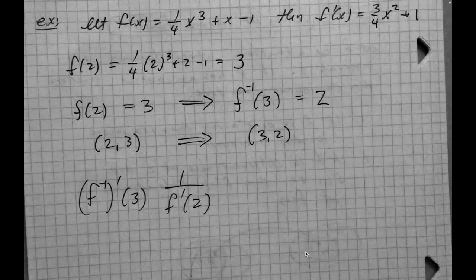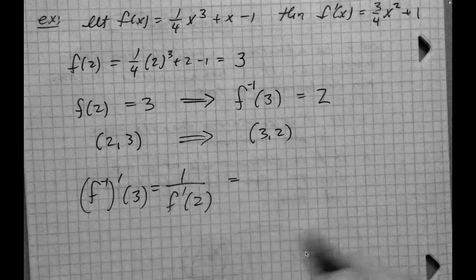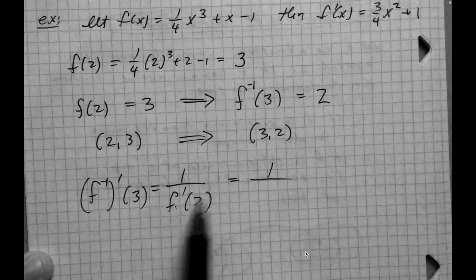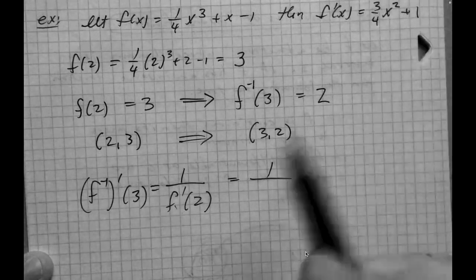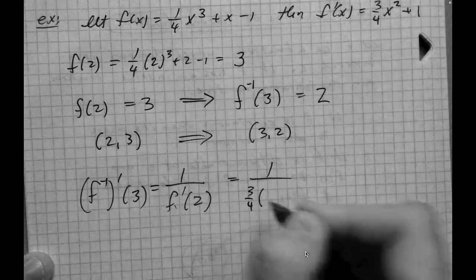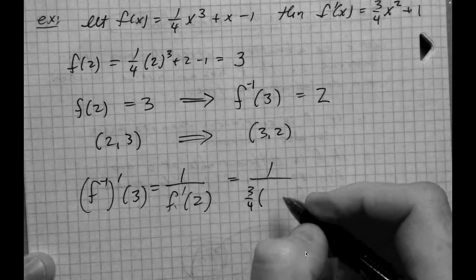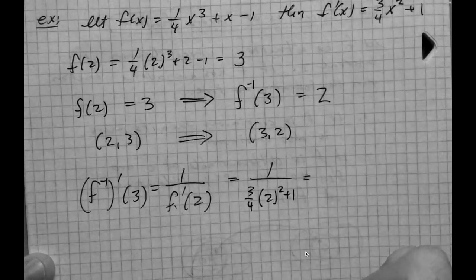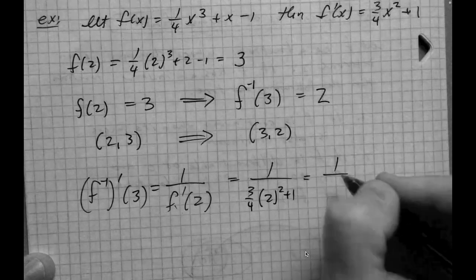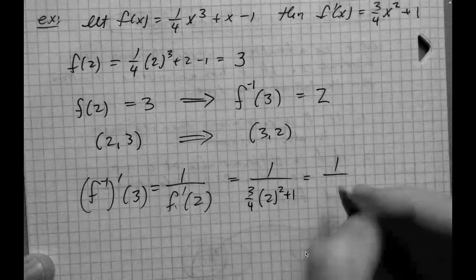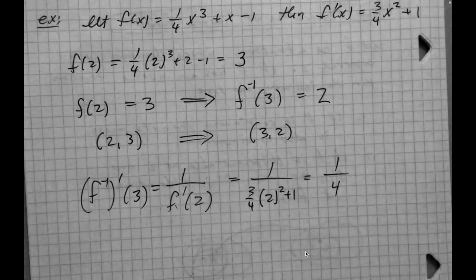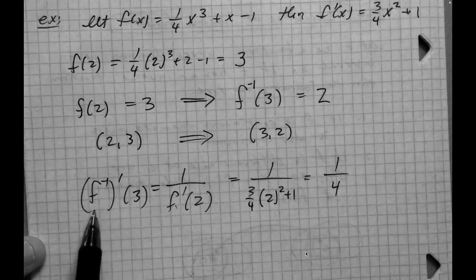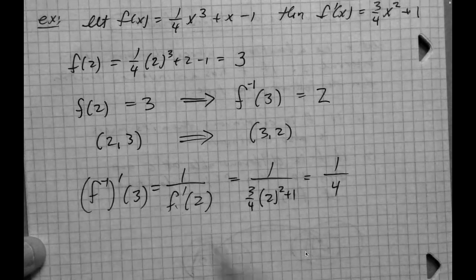Which we saw as 1 over, and the derivative here is 3/4 x squared plus 1, so it'd be 3/4 times 2 squared plus 1. When you do all of this, you get 1 over 3 plus 1, so it'd be 1 over 4. So the derivative of the inverse evaluated at 3 is 1/4.